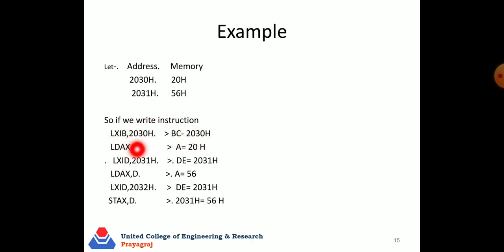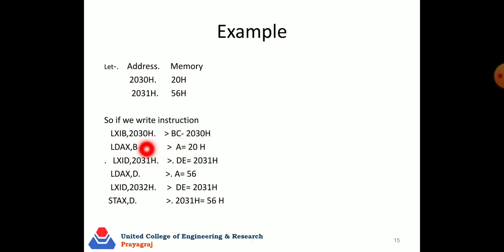After that, if we write the instruction LDAXB, the meaning of LD is load the data, A stands for accumulator, X for register pair, B means the BC register pair. Here BC is 2030H, and the content of 2030H is 20H. So that 20H is copied to the accumulator.